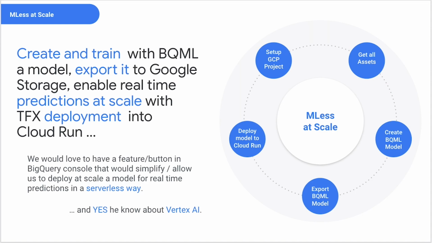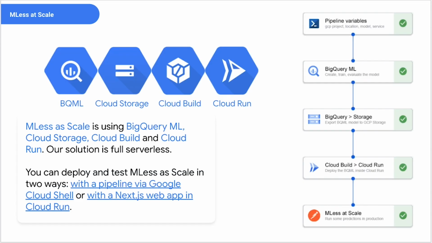It would be great, indeed, to have a button on the BigQuery UI that did all of that I just told you. But, well, we cannot put a button in the BigQuery UI, so we did the next best thing.